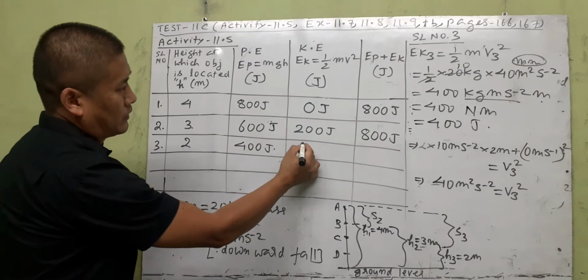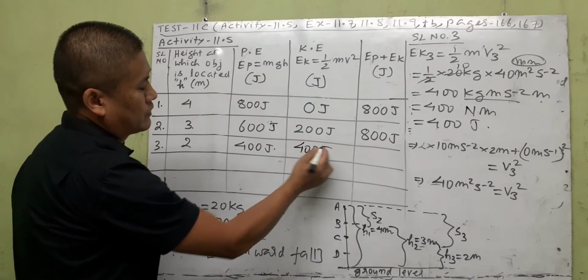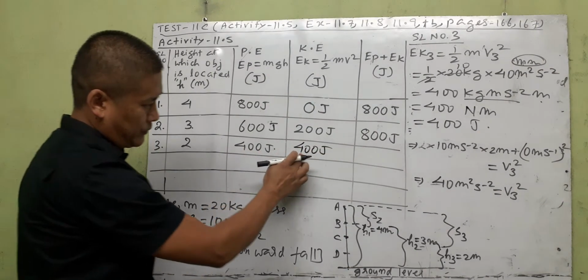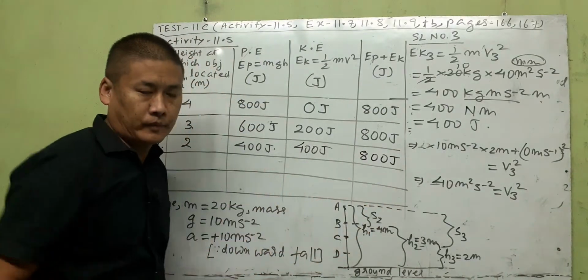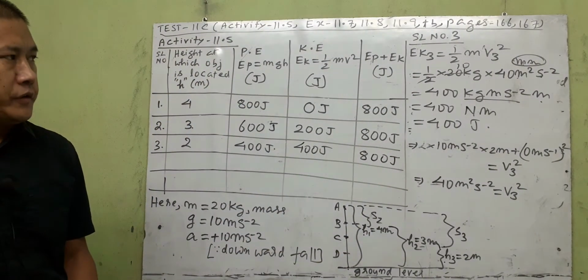So here we got in the third case 400 joules. Again, the total 400 plus 400 is not changing in the last column. That's what we are trying to show, right?